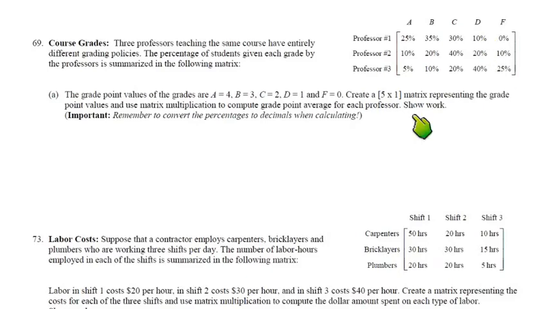So you've got Professor 1, Professor 2, Professor 3, and the percentage of grades they give out across A, B, C, D, and F. Right away, I think Professor 3 might be the hardest grader. In fact, it looks like 25% of the students in Professor 3's class fail, which is not good, especially compared to Professor 1, for example.